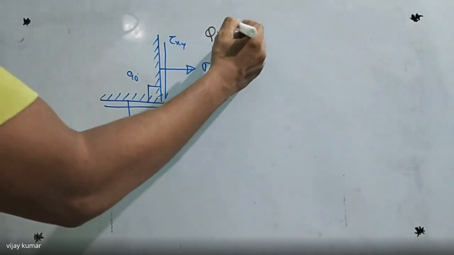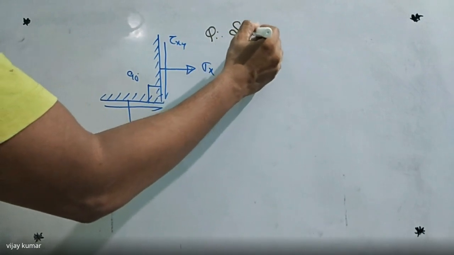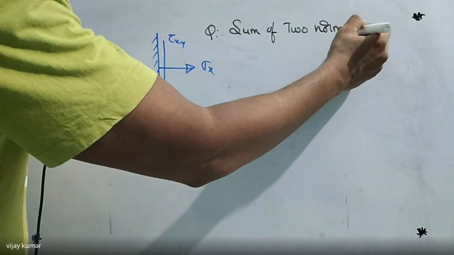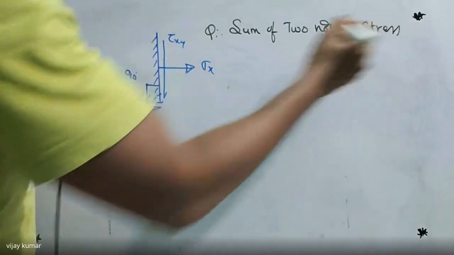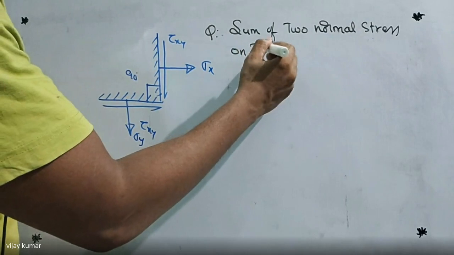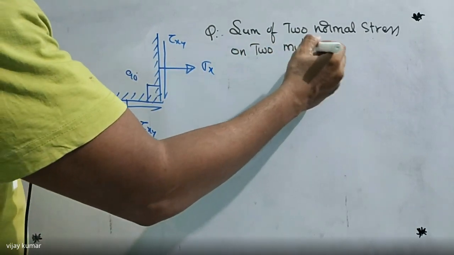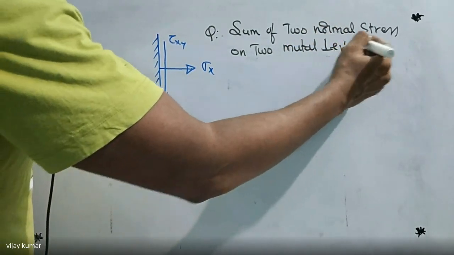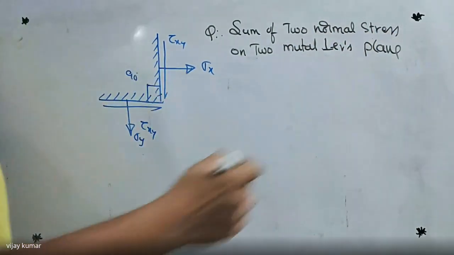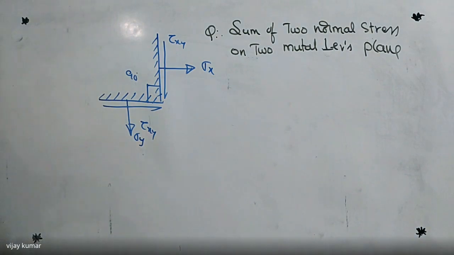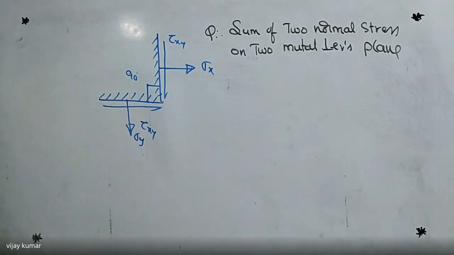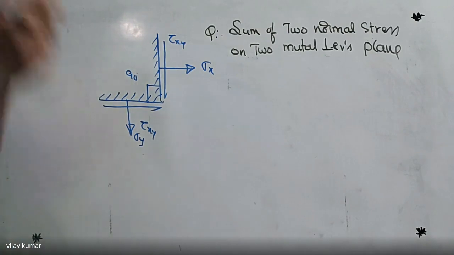The sum of two normal stresses on two mutually perpendicular planes. So this is one plane, this is another plane, and both are perpendicular to each other.